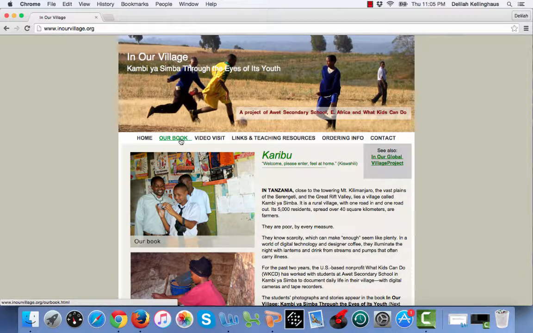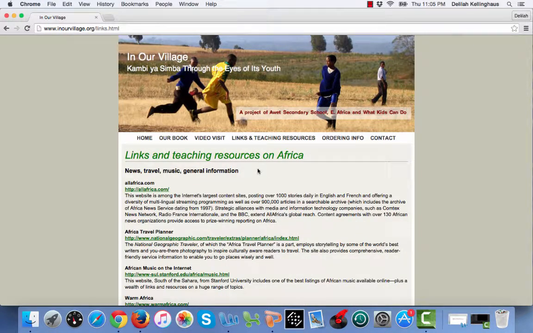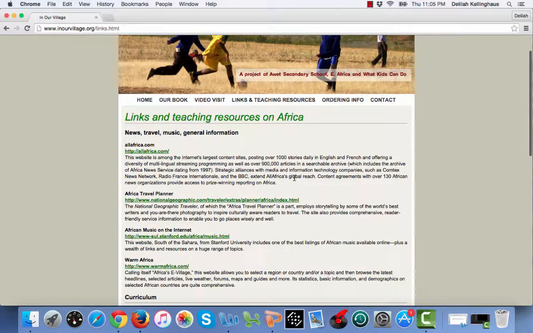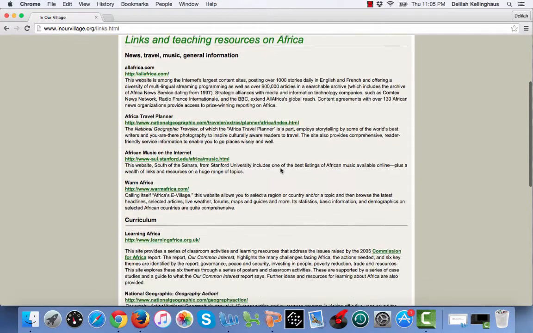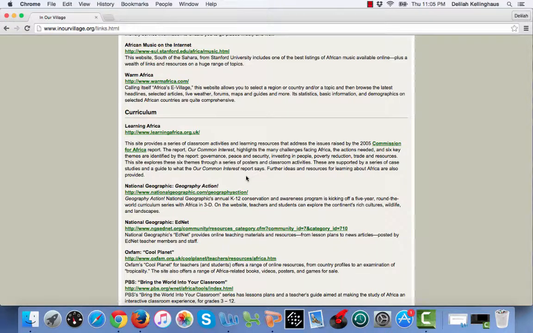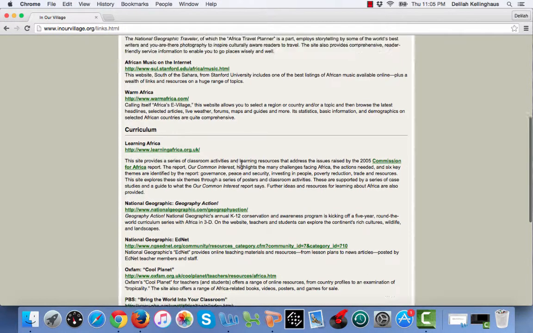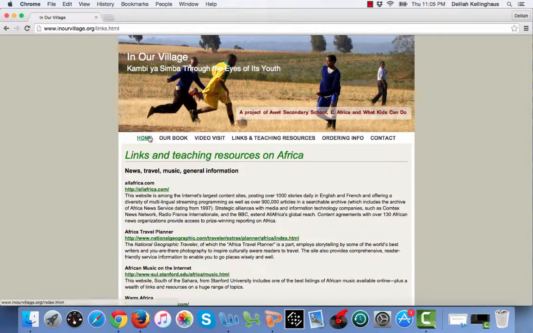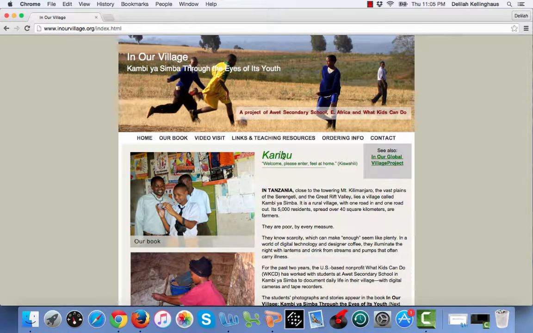So you'll see it talks about the book, it talks about the links and teaching resources. So it comes with a unit, it comes with information on the curriculum and where the curriculum comes from. It comes from Geography in Action, so it comes with National Geographic text connections. It's endless.